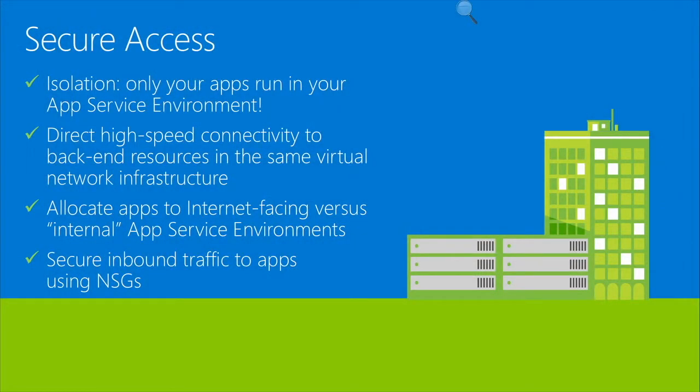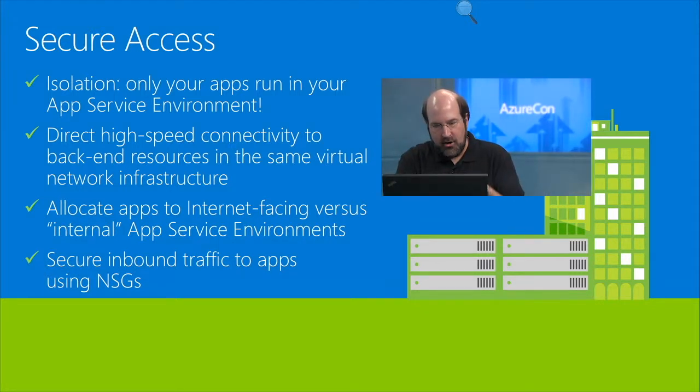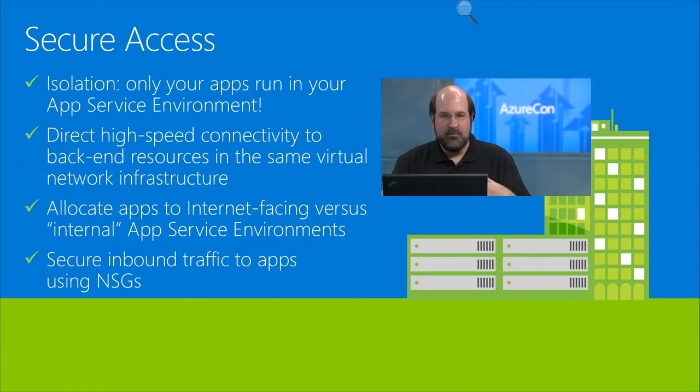Now, the other thing that I had mentioned earlier was that every app service environment gets created inside of a virtual network. That's very important because when your apps run on an app service environment, they're not on the outside of your virtual network peering in and trying to sort of hook up through a little gateway. Every app service environment gets created inside of a virtual network, and you can make that selection up front when you create your app service environment.